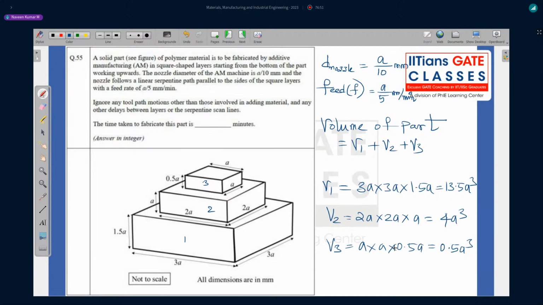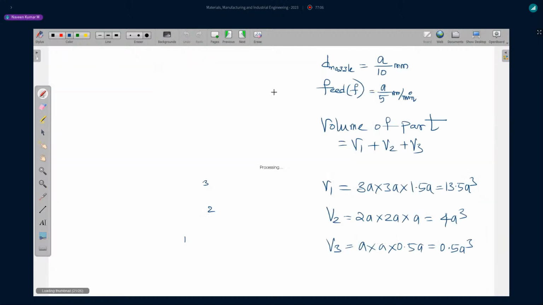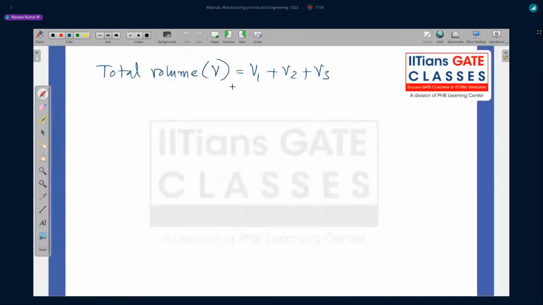So total volume, let's add: V is equal to V1 plus V2 plus V3, that is 13.5A cube plus 4A cube plus 0.5A cube, and you'll get approximately 18A cube. That's it.